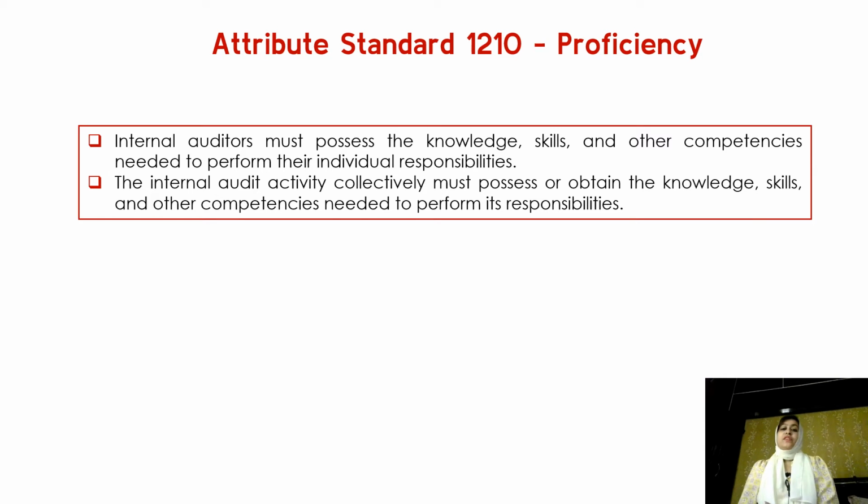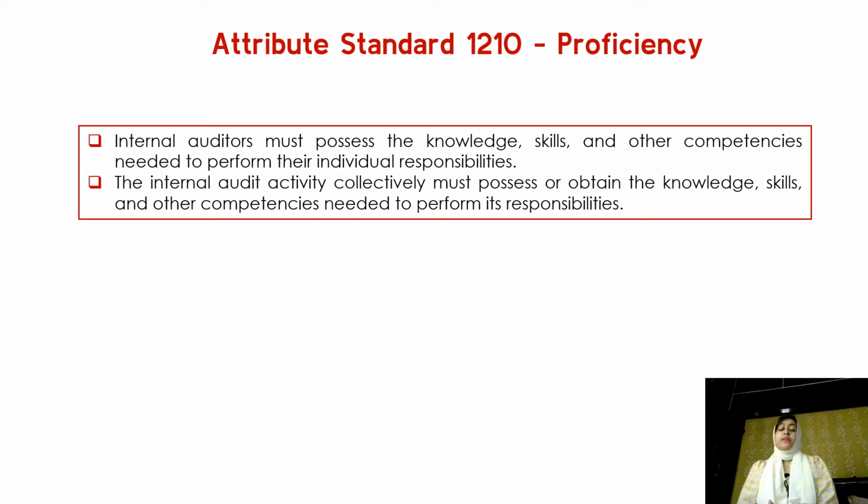So basically, the proficiency standard is described in Attribute Standard 1210, where it is said that internal auditors must possess the knowledge, skills, and other competencies needed to perform their individual responsibilities. Here, knowledge means the body of information, for example, knowledge of fraud indicators.